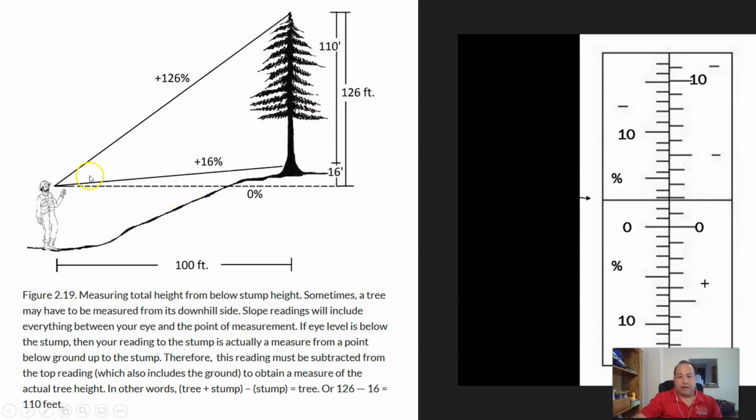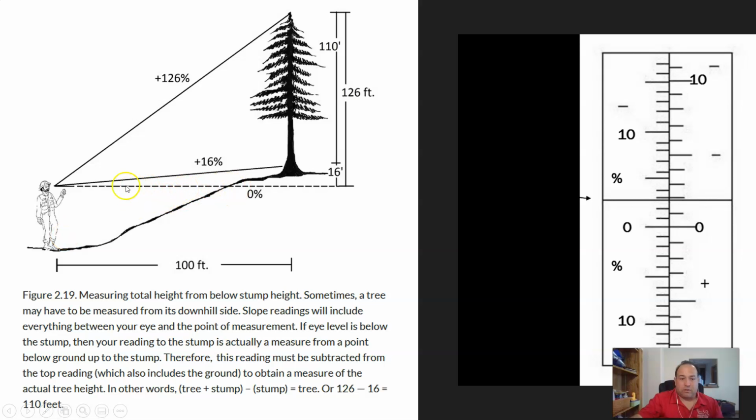And so here is that example. So here's our forester. They are 100 feet away from the tree. So they look up here and they got 126%. They look down here, they got 16%. But they realize they're downhill specifically in this one.